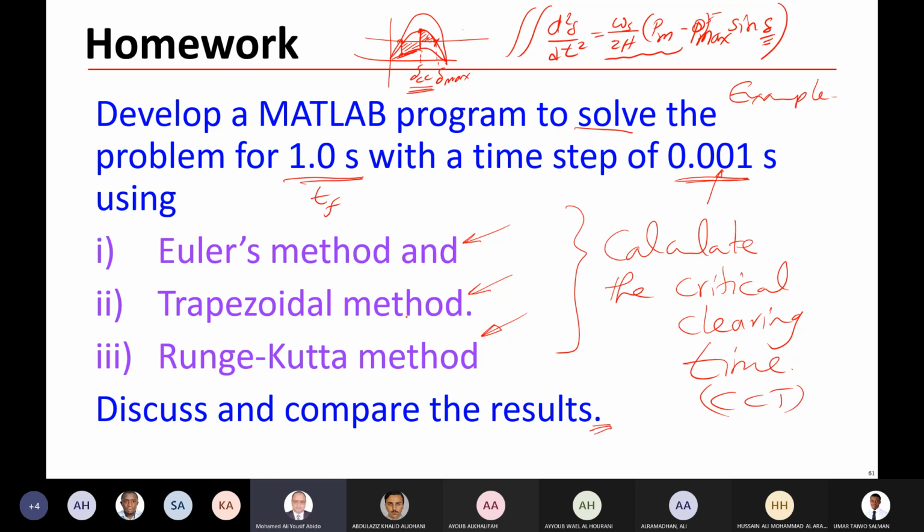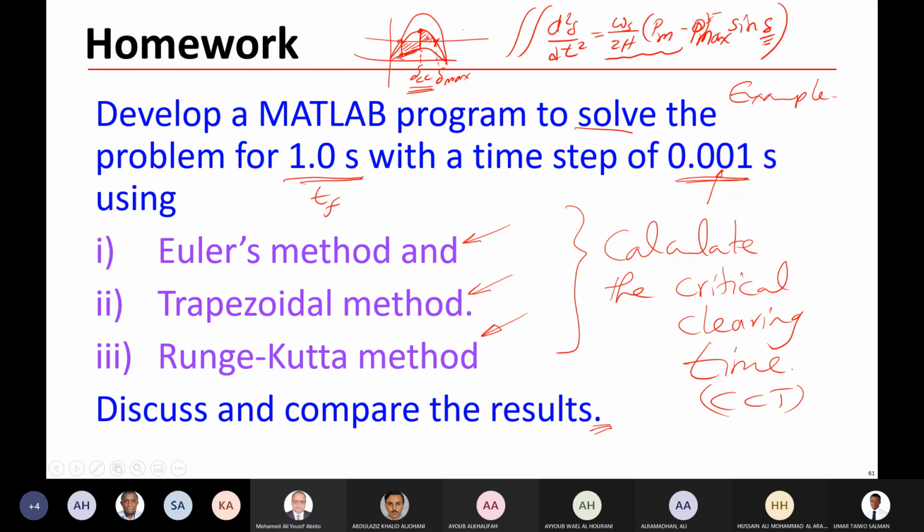How to integrate here? Can you integrate here? No, we cannot integrate. So the only case that you can calculate the critical clearing time based on the equal area criteria is where the fault occurs at the bus and the power transfer during the fault equals 0.